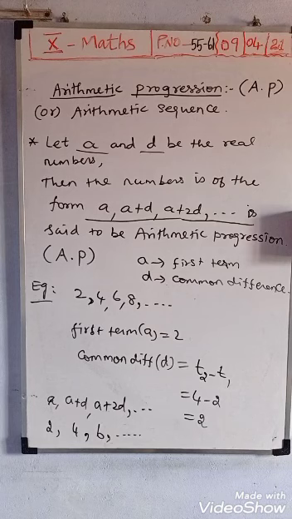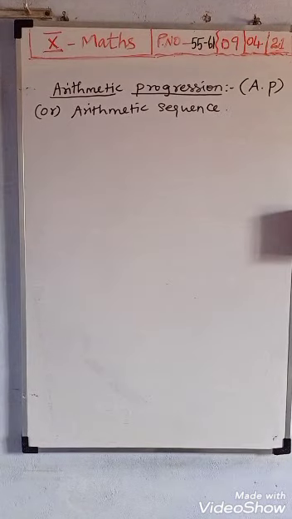Yes. So an arithmetic progression means the given sequence can be written in the form A, A plus D, A plus 2D, up to etc. This is called arithmetic progression. Here A is called the first term and D is called the common difference. Now you can understand clearly.